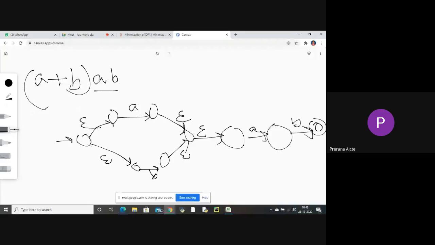Without epsilon transitions, it is also possible to draw directly from this regular expression. Okay, we'll draw now.